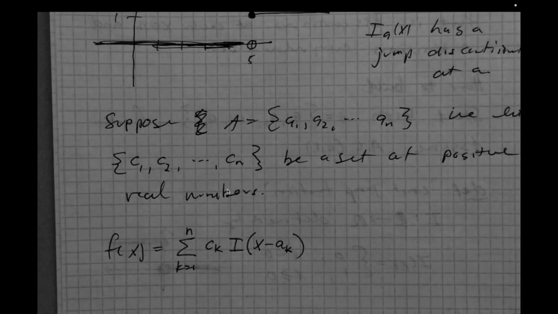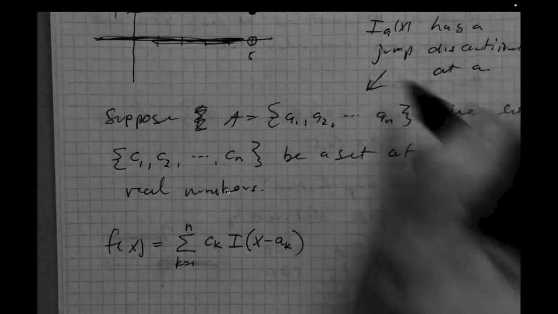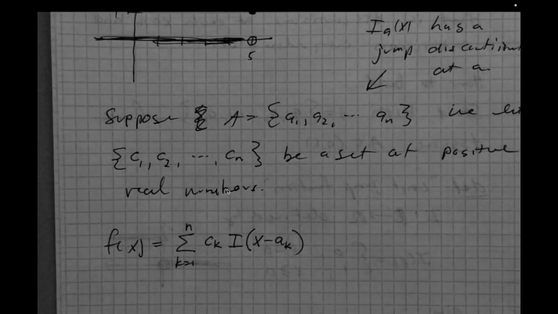It gives you a monotone increasing function with specified discontinuities, and these are going to be jump discontinuities. Let's take an example here and see how this works.